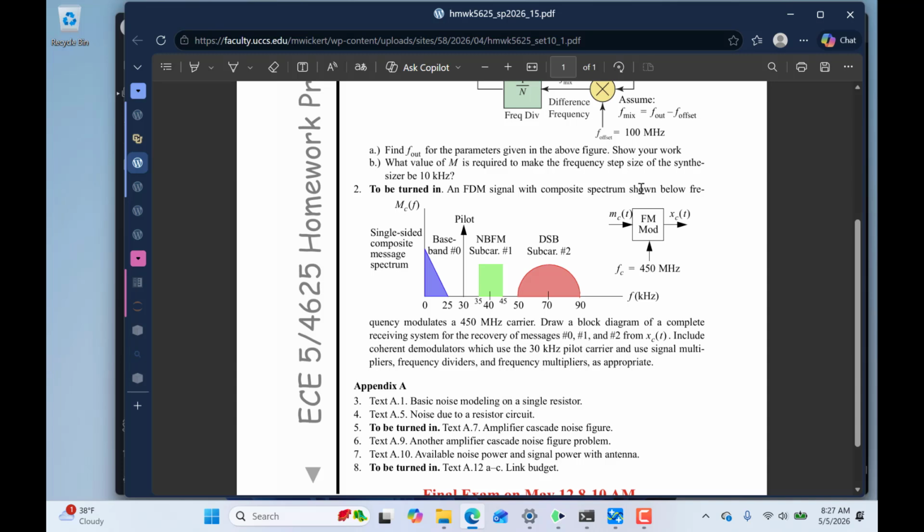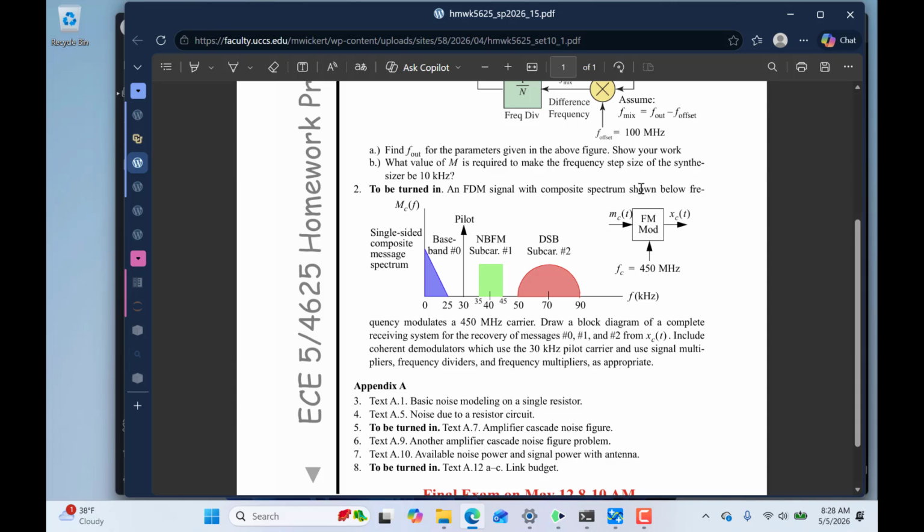I think there's at least one example in the book, but this is a very generic FDM system, frequency division multiplexing system. I'm just saying there's a baseband signal that occupies 25 kilohertz. There's a pilot at 30 kilohertz, and then there's a narrowband FM subcarrier at 40 kilohertz and a double sideband subcarrier at 70 kilohertz.